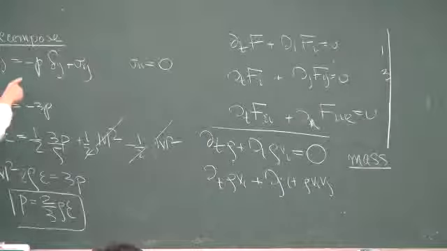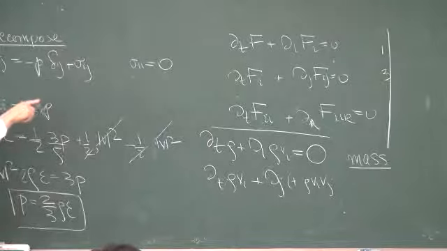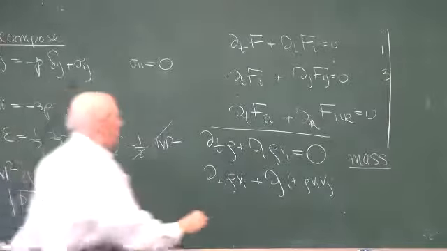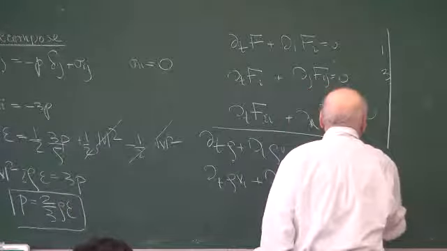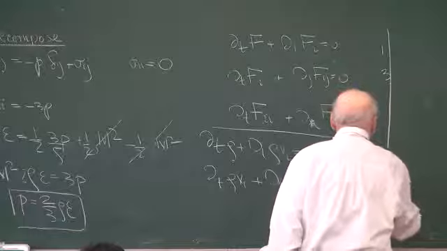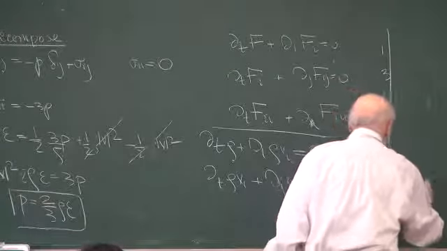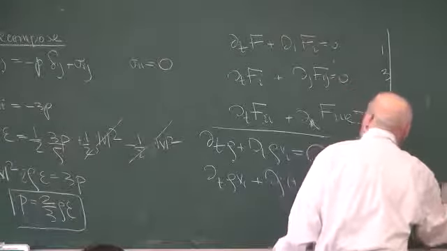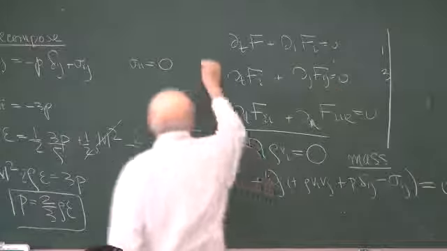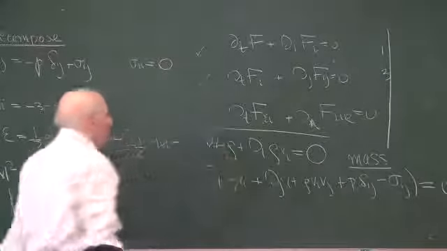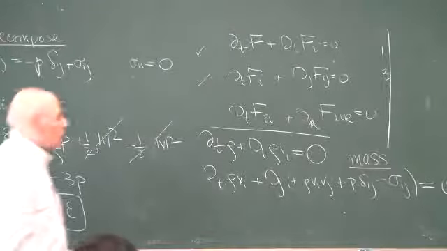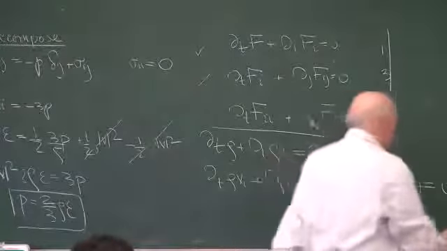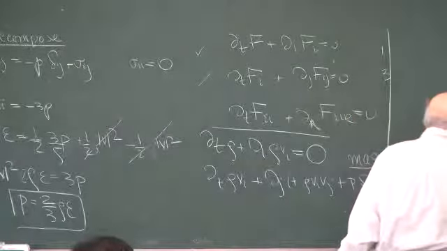But tij is minus p delta ij, so a minus times a minus is a plus. So it's plus p delta ij, and then a minus sigma ij, and we set that equal to 0. So I did those two. And this, of course, is the rate of change of momentum, so that's conservation of linear momentum.